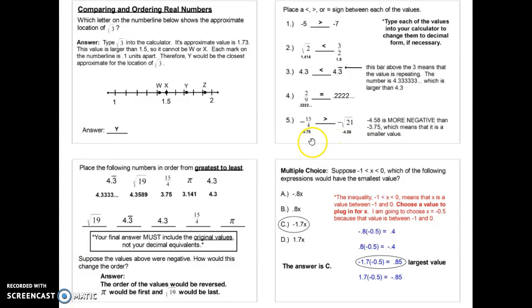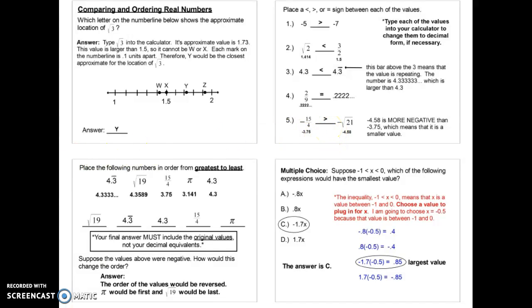Okay. Now again, remember with negatives, you want to decide which one is closer to 0. Okay, whichever one is closer to 0 on a number line is actually the larger of the values. So -3.75 would be closer to 0 than -4.58, which means that it is greater than.